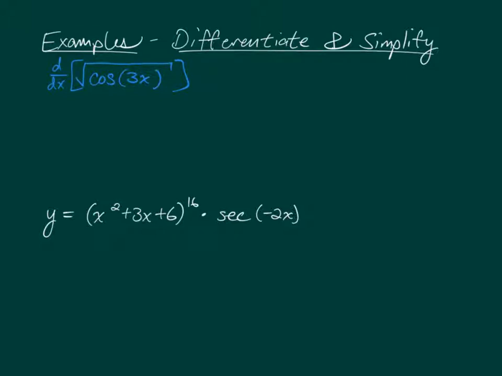For these next two examples, we will need to differentiate and simplify again. So let's take a look at what happens here. Especially with this first one, since we have that square root, I'm going to rewrite it as d dx, the derivative with respect to x of cosine of 3x raised to the 1/2 power.